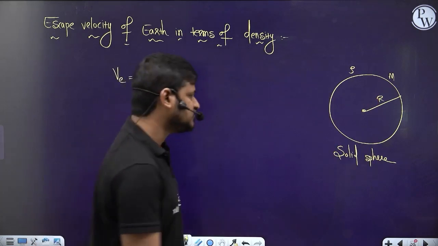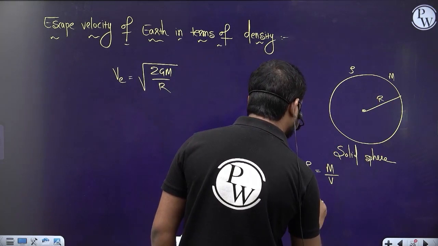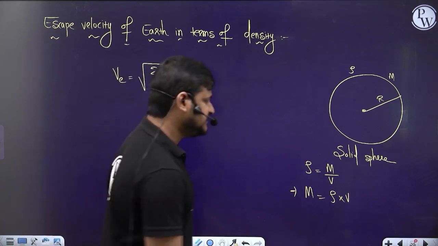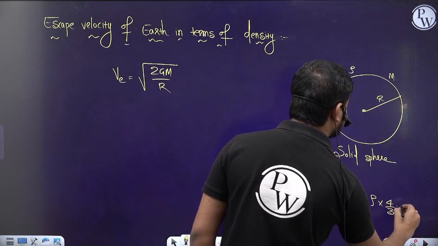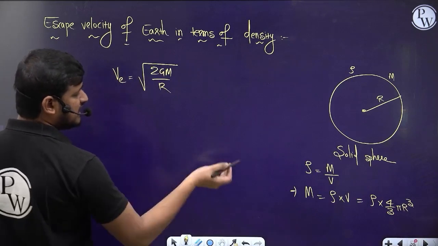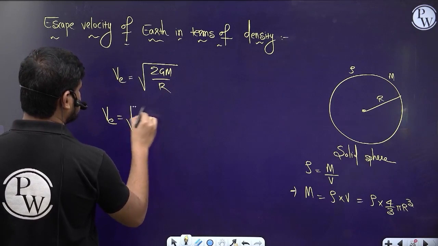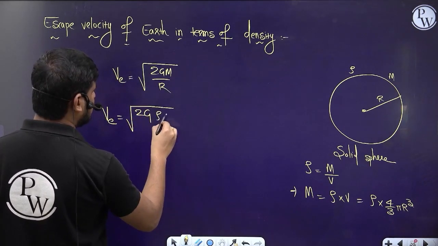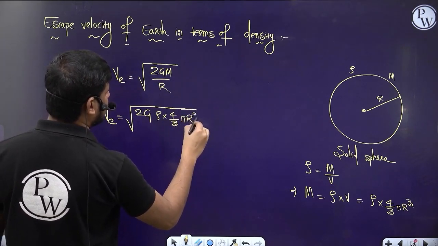The density of the solid sphere is nothing but mass upon volume, so the mass is equal to the density into volume. The volume of the solid sphere is 4 by 3 pi r cube, basic maths, right? Now I can substitute it in place of mass: the escape velocity is root over 2 into G into rho into 4 by 3 pi r cube, whole by r.